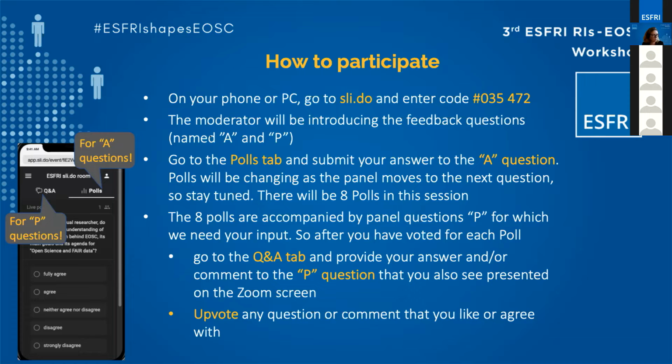And lastly, you can upvote other questions or comments that you like or agree with. I think this is the general setup. It would be good if you can also write the P number, for example, P4 or P3, before your question. This would be easier for us to process the feedback.